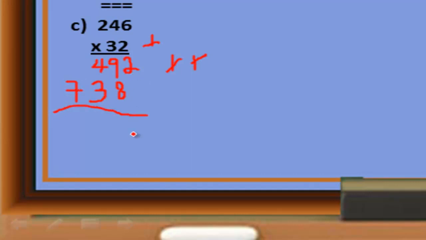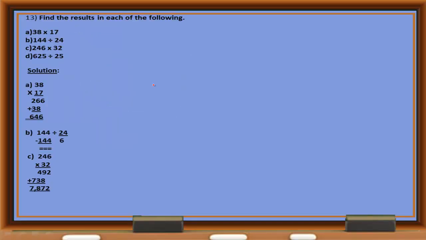Therefore 2 plus 0 is 2. 9 plus 8 is 17. We write 7 and we put here 1. 4 plus 3 is 7 plus this one is 8. 7. Therefore the answer is 7,872.